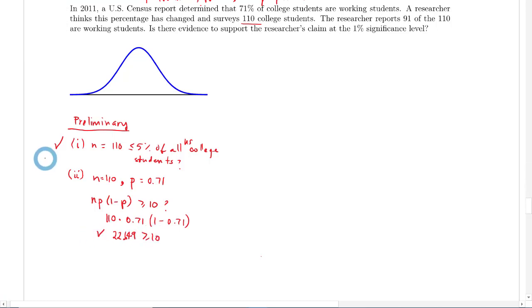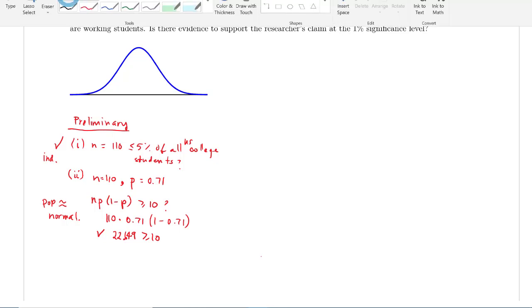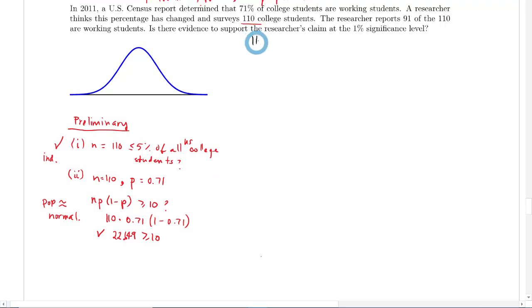Yes, we can assume samples are independent and that the population is approximately normal. Great. Okay, so now all preliminaries are met, and therefore we'll go ahead and start the hypothesis test.